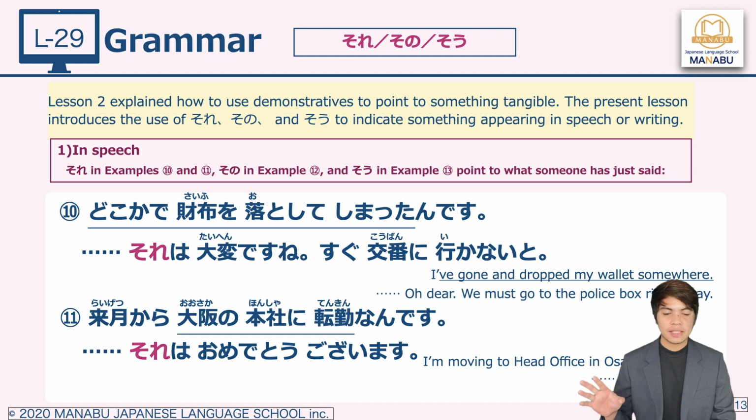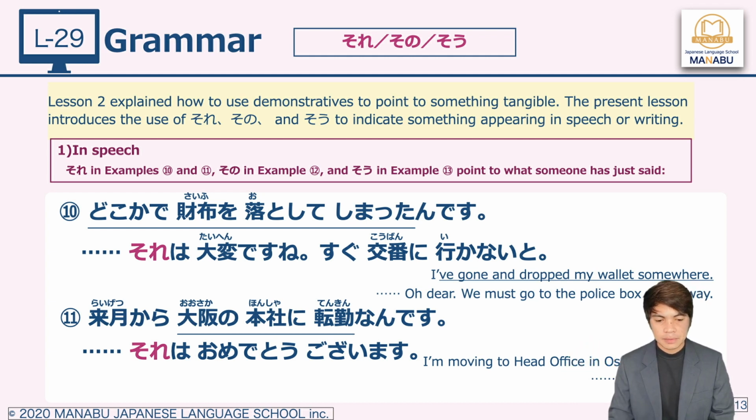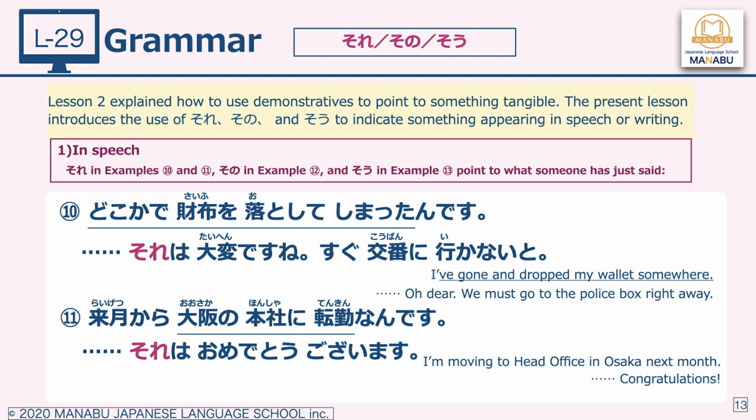Once again, the other person said どこかで財布を落としてしまったんです. To point out what he said, それは, that is not good, 大変ですね.